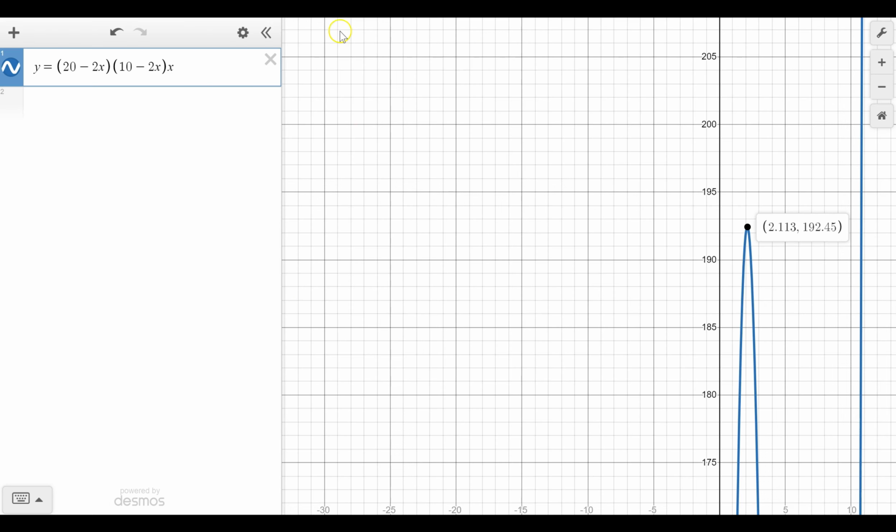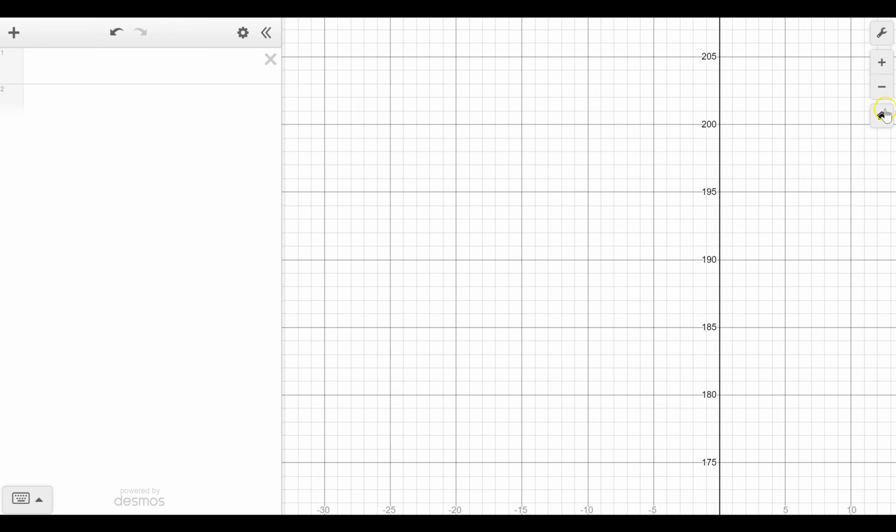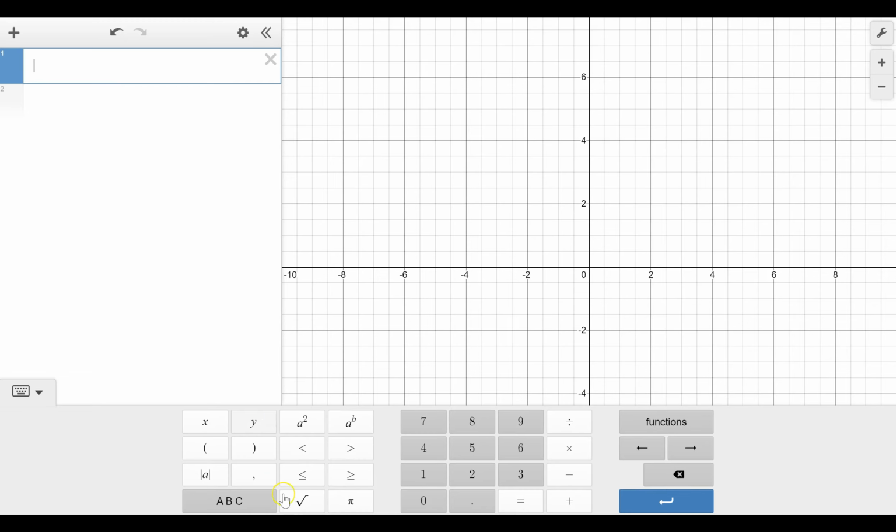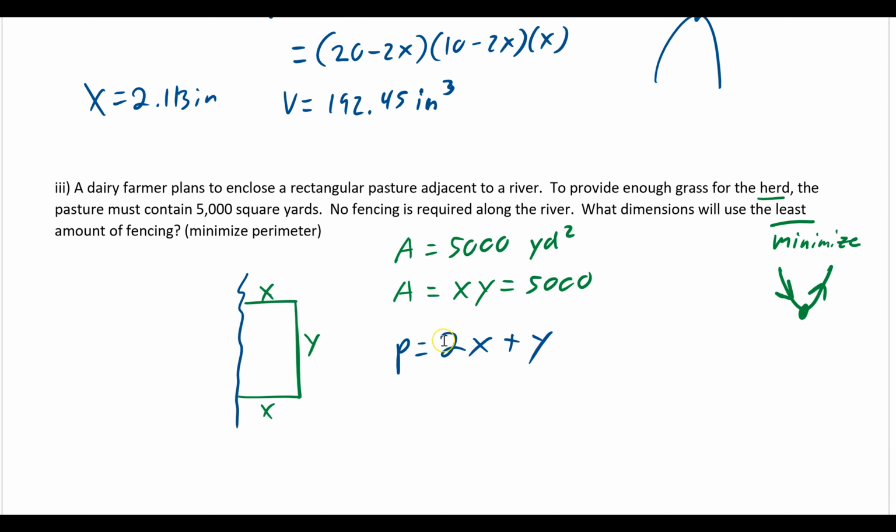But if you go to your Desmos, let me clear this out, hit home, and I put y equals, I can't use y, see? Because y is part of the problem. So what you have to do now is you take this one. This is called a secondary equation. It's not the one we want, it's the one we use.